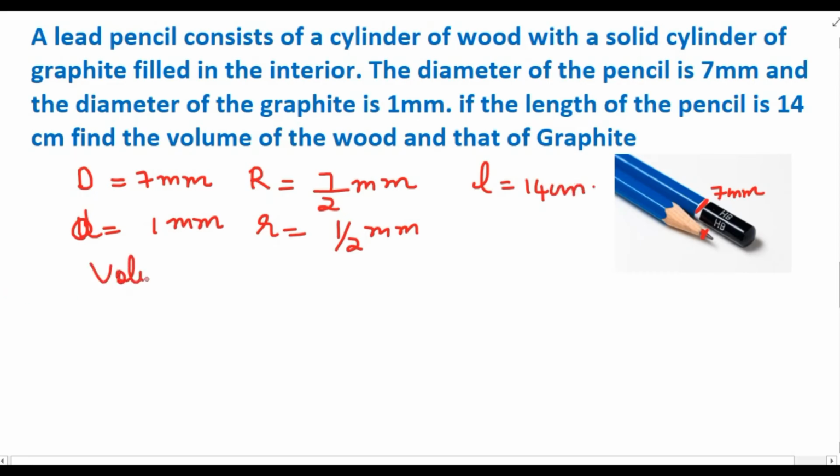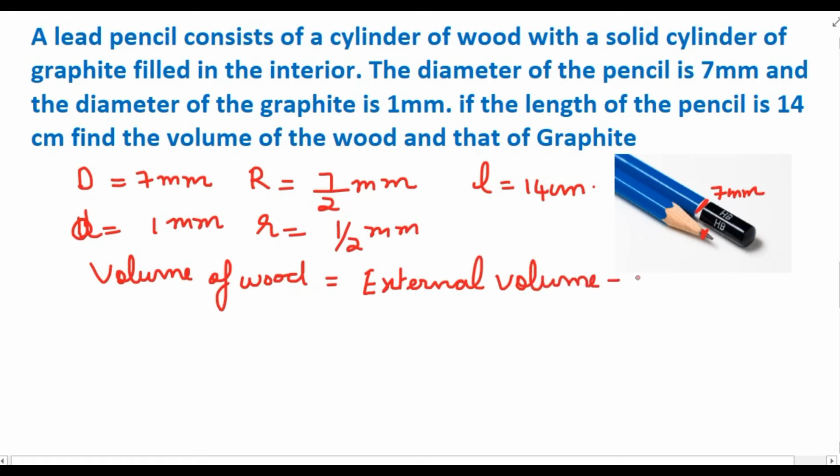Volume of the wood used, volume of wood means total volume minus volume of the graphite, or we can say external volume minus internal volume. So external volume is pi r square h.